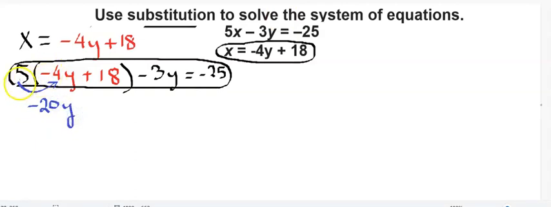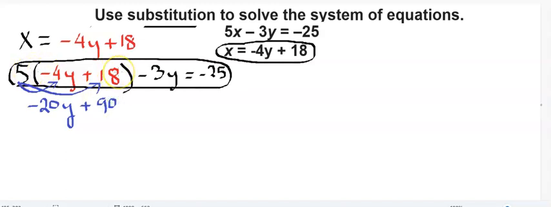Then you also distribute 5 times positive 18. A positive times a positive is a positive, and 5 times 18 is 90.